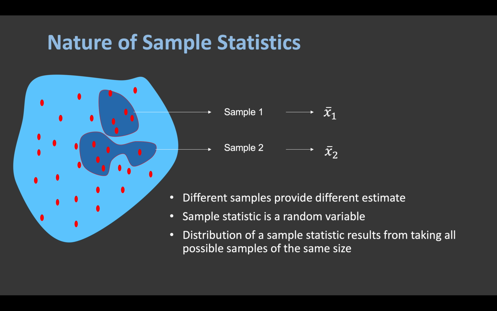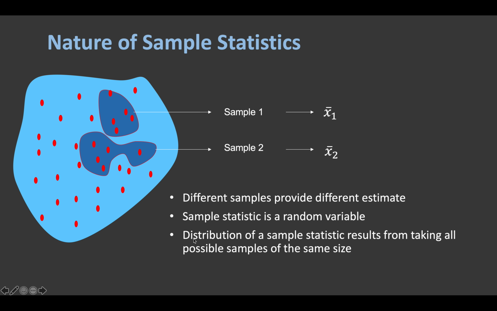Here you can see that from this population, we can draw this sample, or this sample, sample 1 and sample 2. And then we can estimate the mean value for both of these samples. Obviously different samples will provide different estimations, and the sample statistic becomes a random variable, right?